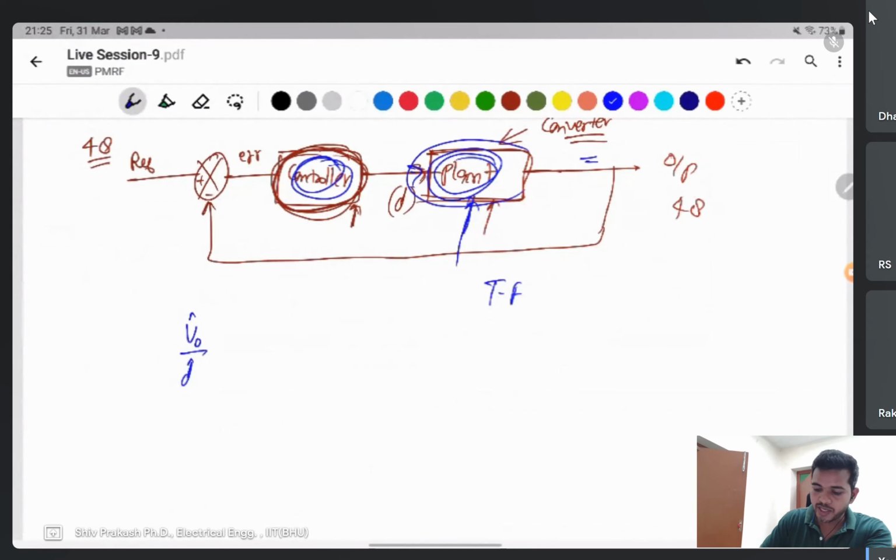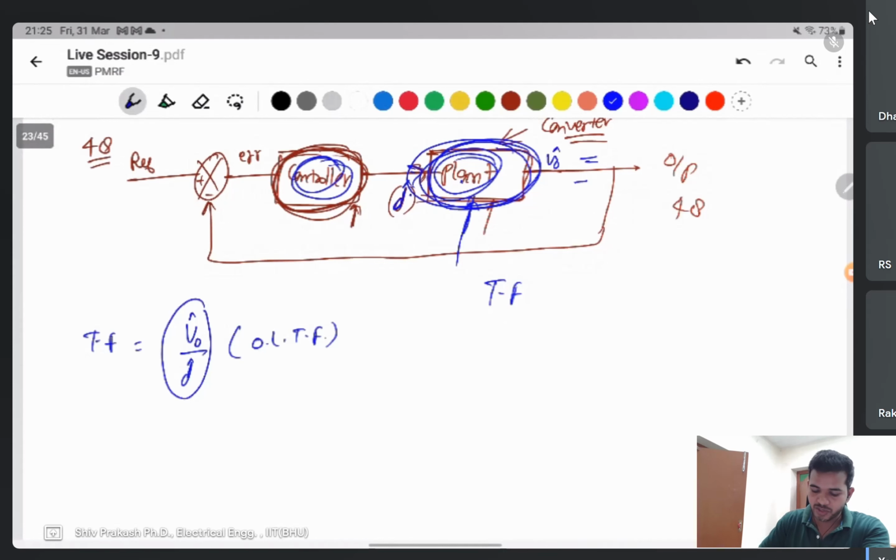You can also say this is the open loop transfer function. It is not a closed loop because the input D is given here and the output is found here. D is the duty ratio you give to the converter, and only the duty ratio can be given as input.